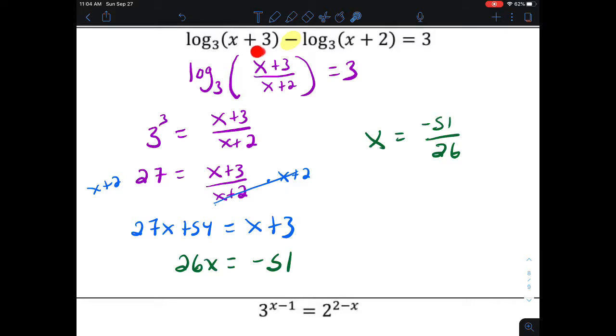So negative 51 over 26 plus 3. Well, that negative 51 over 26 is smaller than negative 3. Or actually, it's 51 over 26 is smaller than 3. So this is going to be bigger than 0. And it's actually just barely smaller than 2. So it's going to keep that bigger than 0. So this is our answer.